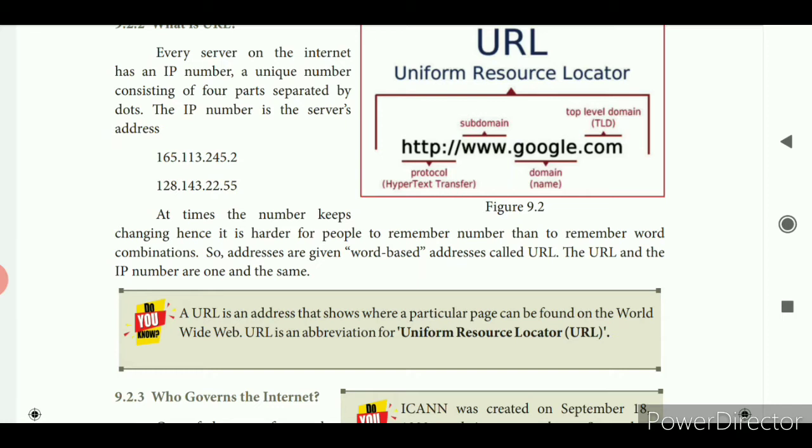At times the number keeps changing, hence it is harder for people to remember numbers than word combinations. In case you want to open the Google website, instead of www.google.com, you would have to type this number, 165.113.245.2. It is not meant for human beings.